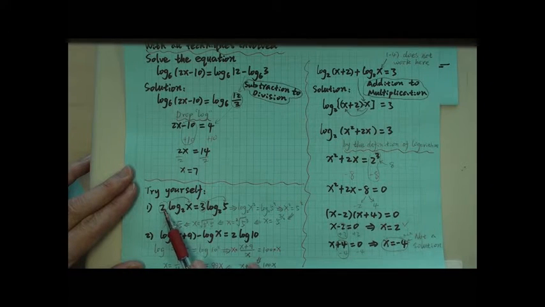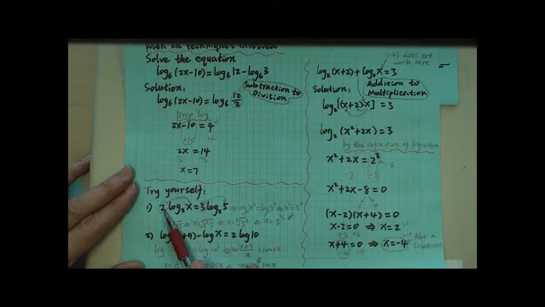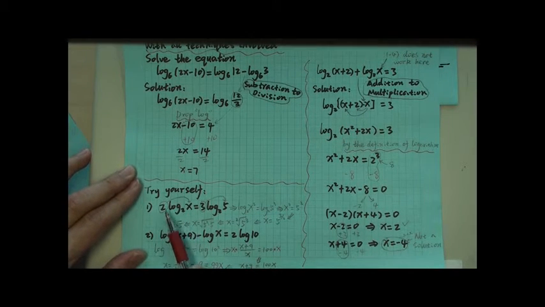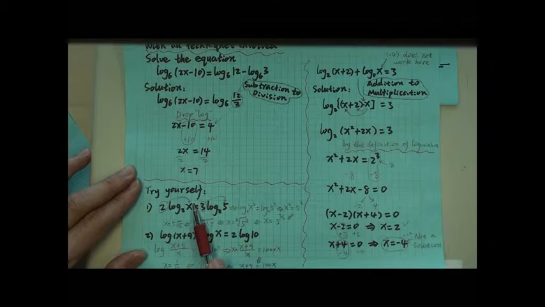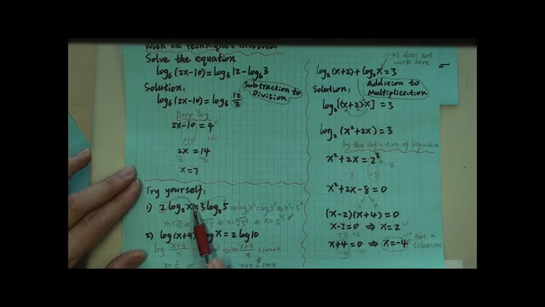Now, 2 is the coefficient in front of the log. So you can take this 2 to the top as an exponent. And here 3, you bring 3 to the top as an exponent of 5. So you end up with that.